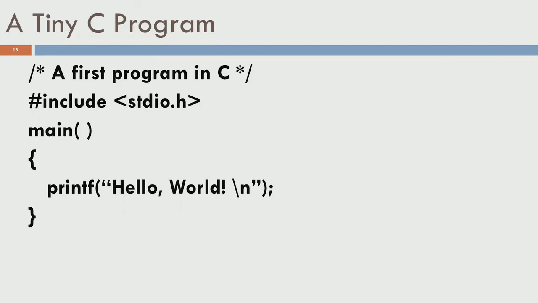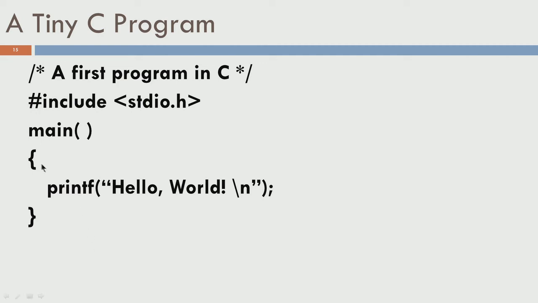Let us look at a tiny C program. So, you may not understand it right away, but it is really tiny, it has only 6 lines of code. The first line is actually a comment, it says a first program in C, and the next line says hash include stdio.h. There is this so called function by name main, and there is exactly one statement inside this main.